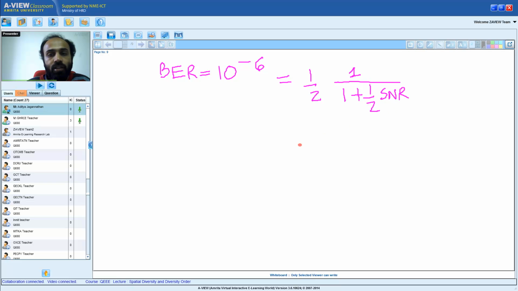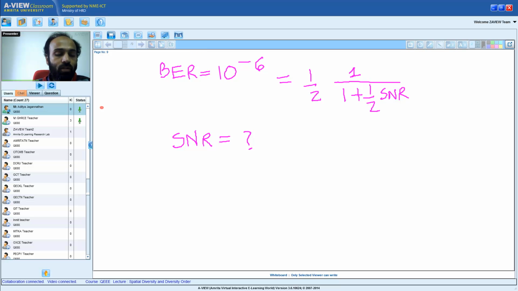Can someone now tell me what is the SNR required to achieve a bit error rate of 10 to the power of minus 6?